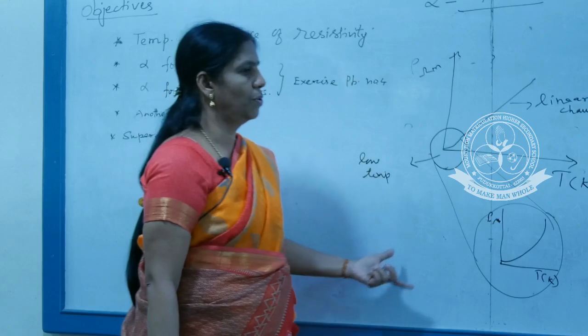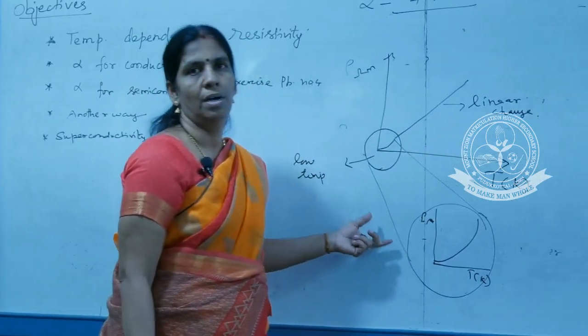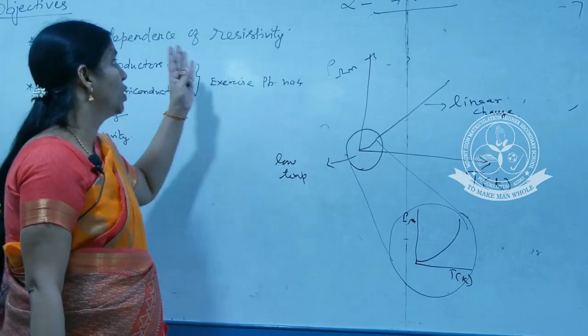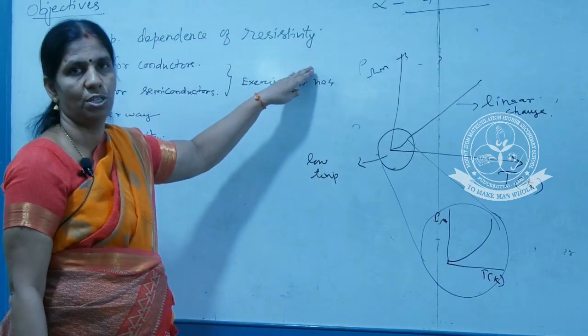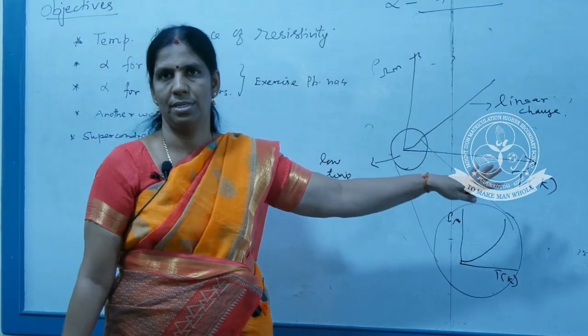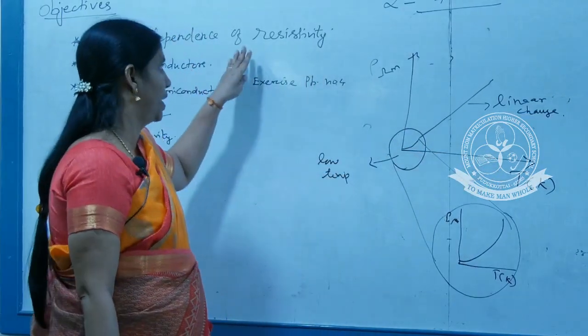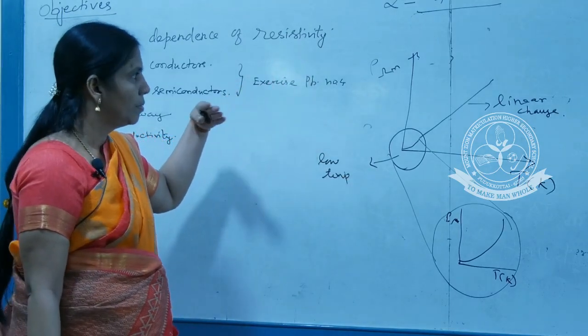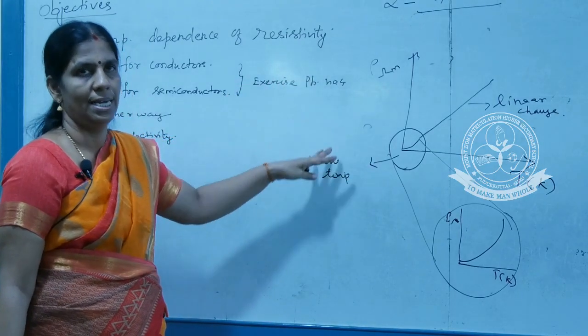Using this concept, we can also find out the temperature coefficient of resistance, since resistivity is proportional to resistance. By using the same concept, we can find out the temperature dependence of resistance.